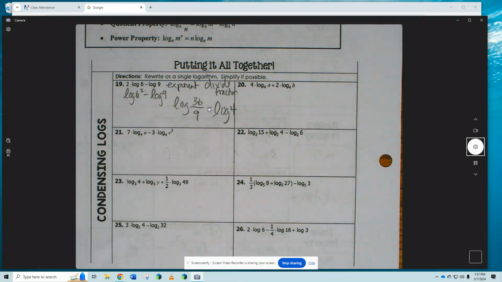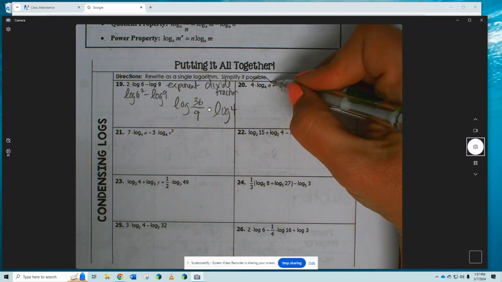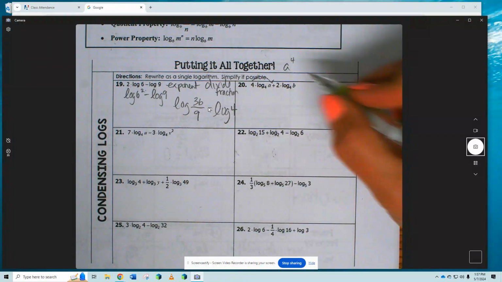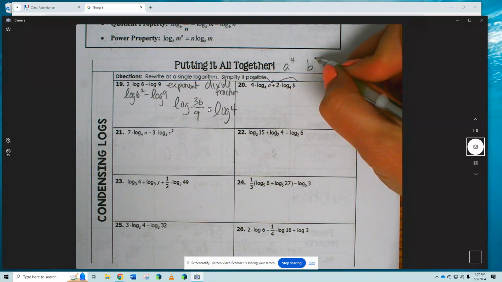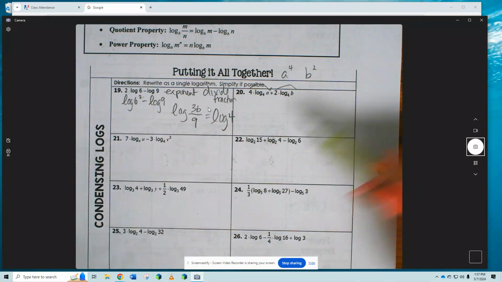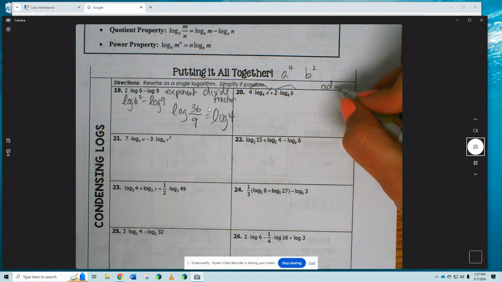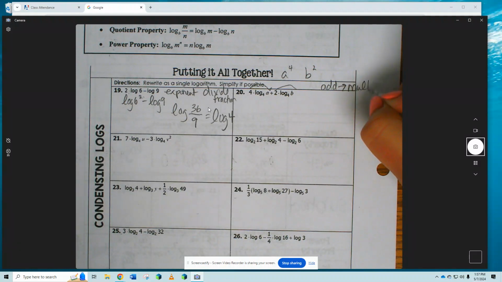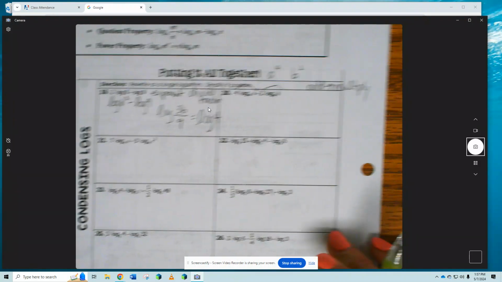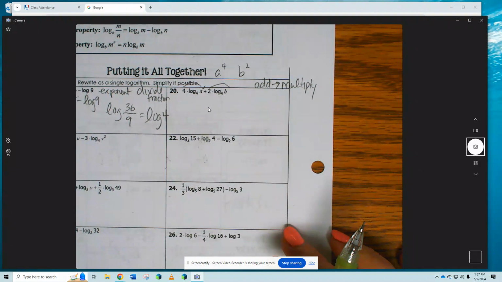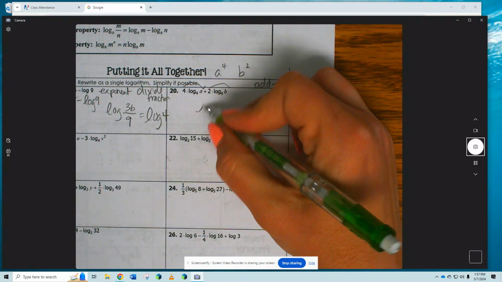Okay, so let's analyze what we have before we start. This 4 is going to go to the A. This 2 is going to go to the B, right? So I have exponents, and then I have an add, which is going to be multiplied. Here's what you got.